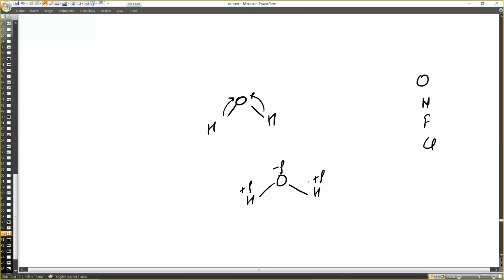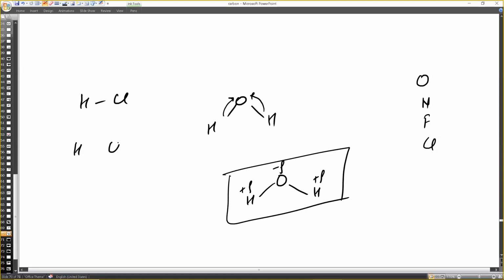So the negative charge is shifted closer to oxygen, and the hydrogen gets positive because its electron is shifted away from it. Understood? This type of compound is called a polar compound, like HCl. HCl is a polar covalent compound. Hydrogen and chlorine atoms are there.